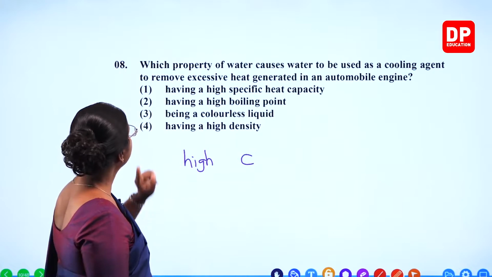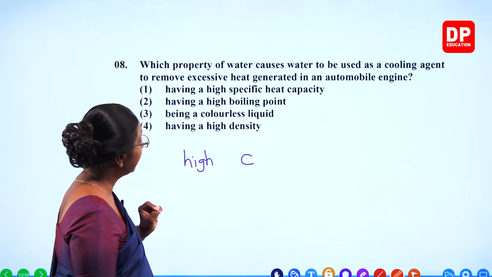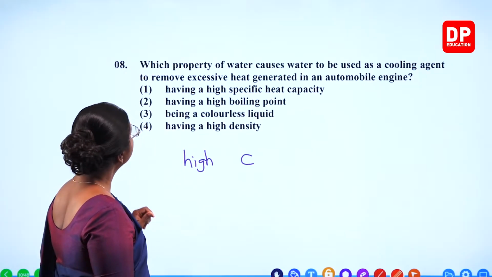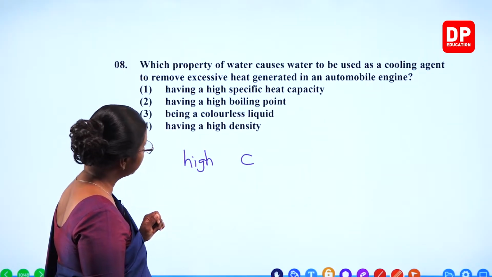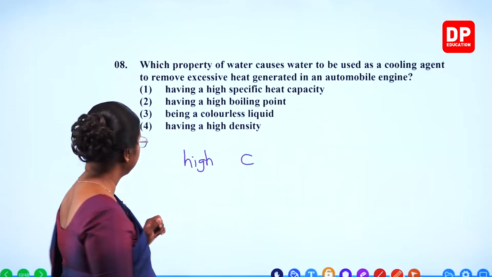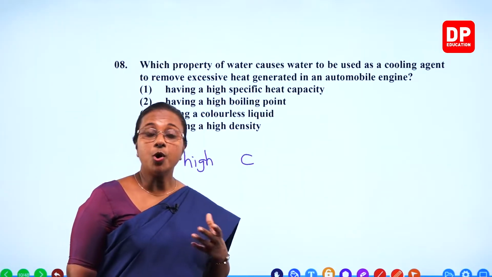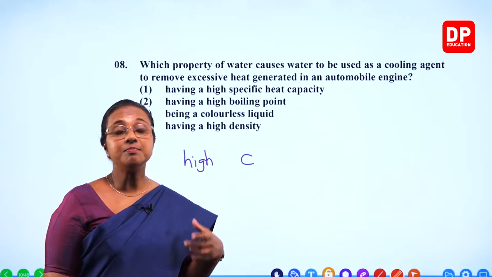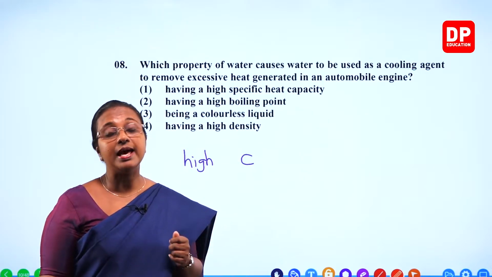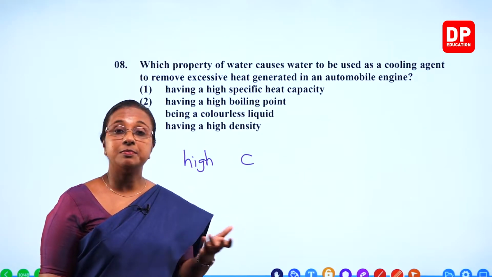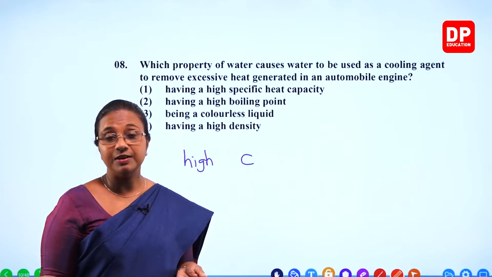Used as a cooling agent to remove excessive heat generated in an automobile engine. First one, having a high specific heat capacity, that is correct. Second one, having a high boiling point. Now, water having a high boiling point makes it a liquid at room temperature. So, it is a liquid, and because of that it provides a medium for living organisms.